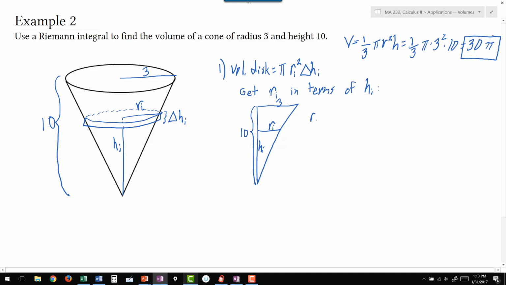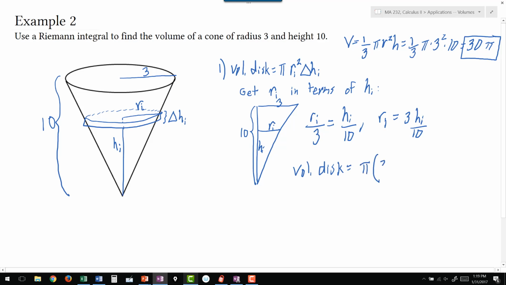Because of similar triangles, I know that r sub i over 3 is the same as h sub i over the total height of 10. So my r sub i is 3 h sub i over 10.